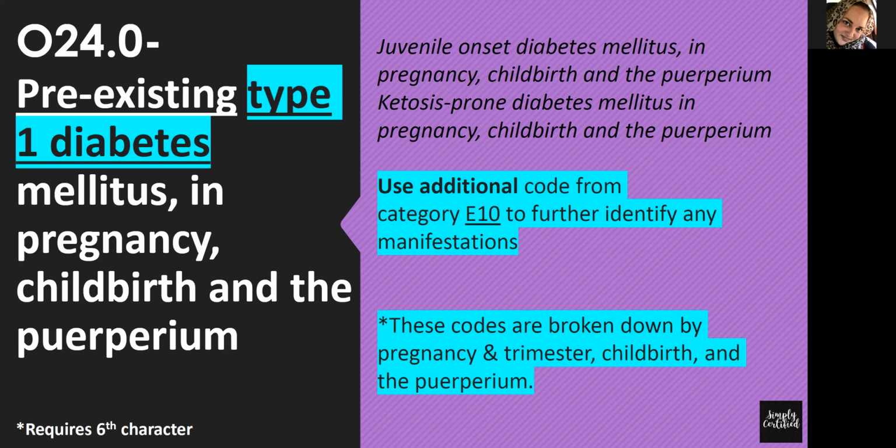I put in pretty aqua text here just to drill it in again: use additional code from category E10 to further identify any manifestations. And another note reminding everyone, these codes are broken down by pregnancy, trimester, childbirth, and the puerperium.